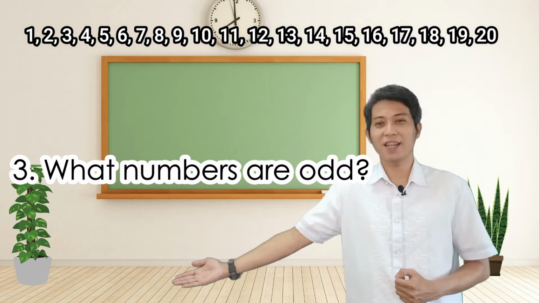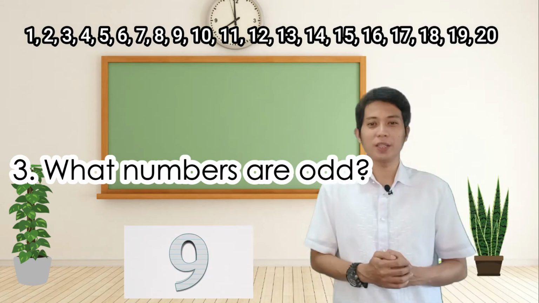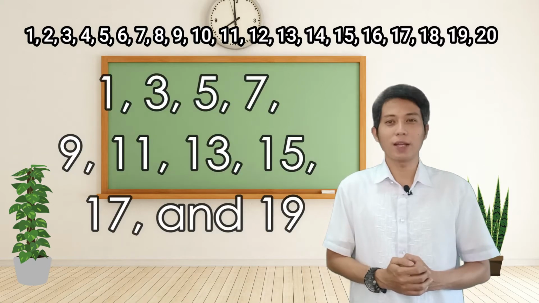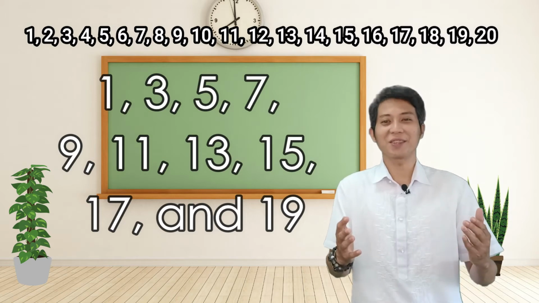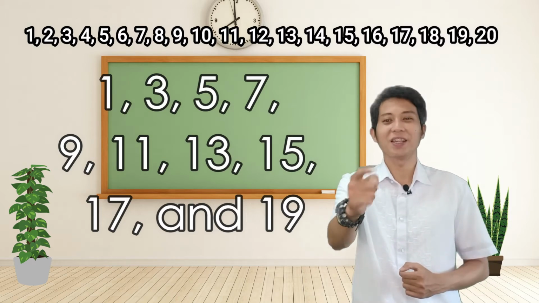What numbers are odd? If your answers are 1, 3, 5, 7, 9, 11, 13, 15, 17, and 19, excellent! You are right. Next question.